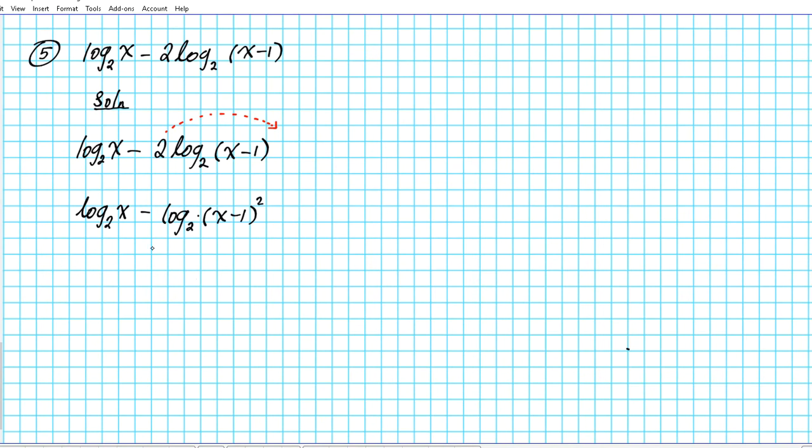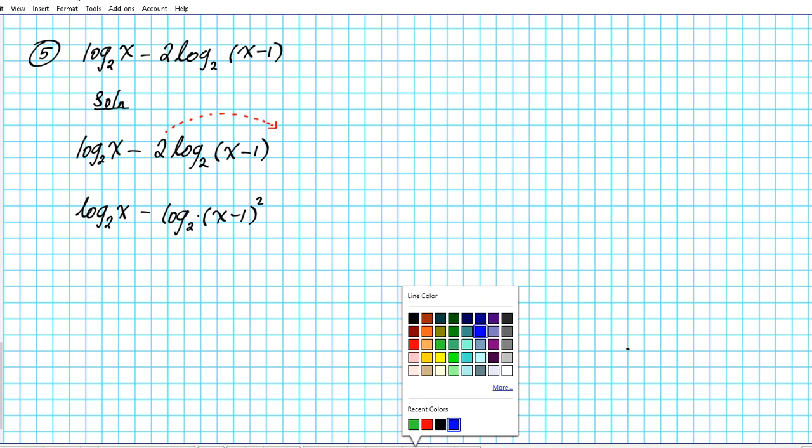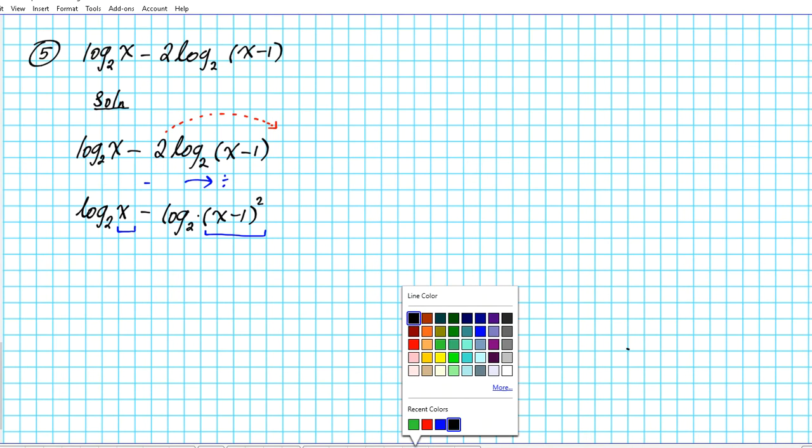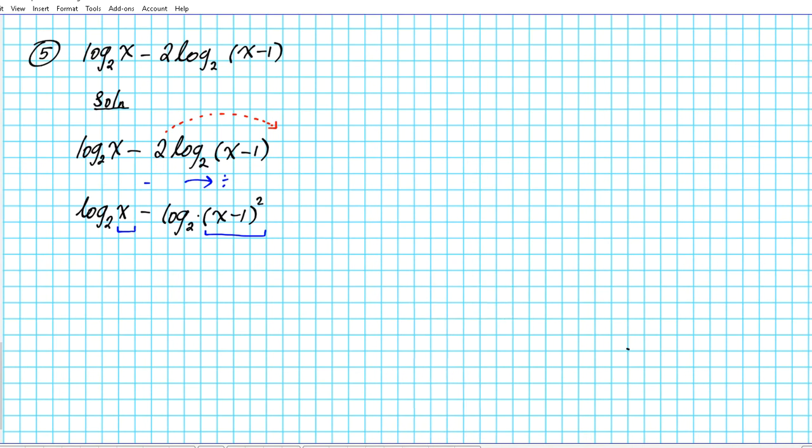Okay, now that we have identical logs without coefficients, we can go ahead and apply the appropriate property, namely the quotient property of logarithms, because we have a minus. We express these logarithmic arguments as a quotient. Remember, when you're subtracting logs, it is equivalent to finding the quotient of the logarithmic arguments of the logarithms that you are subtracting.